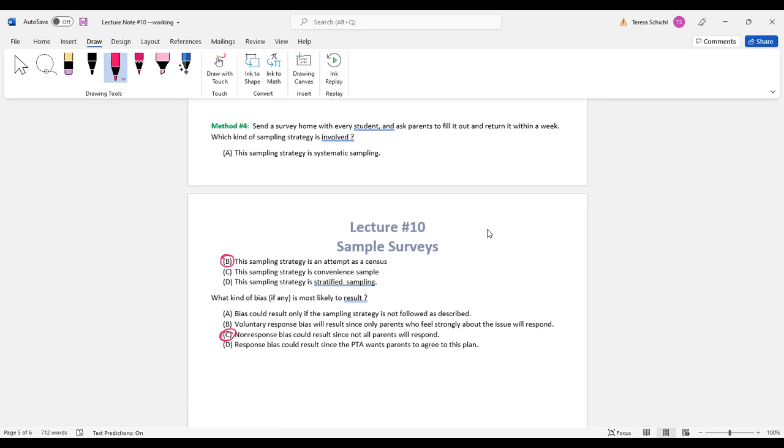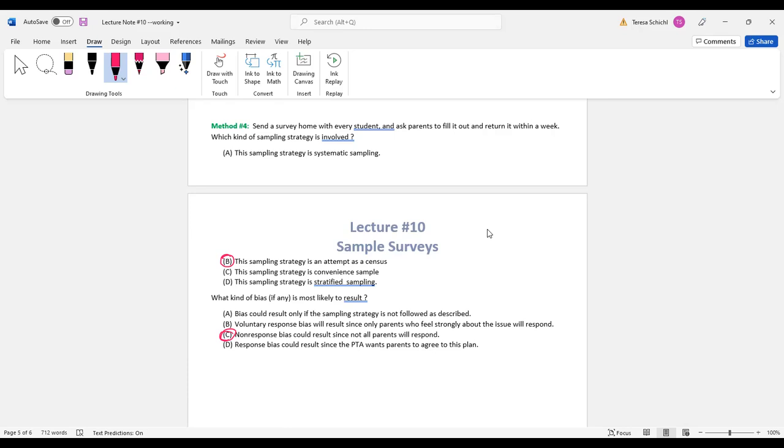First, the student never gives the survey to their parents, so the parents don't even know there's a survey going on. Or the parents are too busy; maybe they care, but they're too busy and do not respond. Or the parents don't care, so they don't respond. You send a survey home, and maybe you only get 20% returned. So we have 80% non-response here. That's what we call non-response bias.